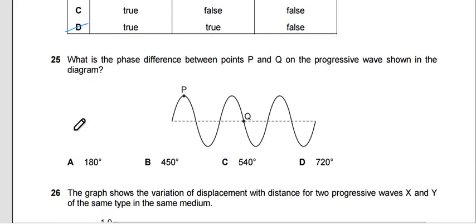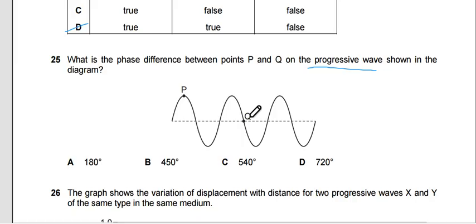What is the phase difference between point B and Q on a progressive wave? Okay, so we have here 90, and the phase here is 360 or 0.